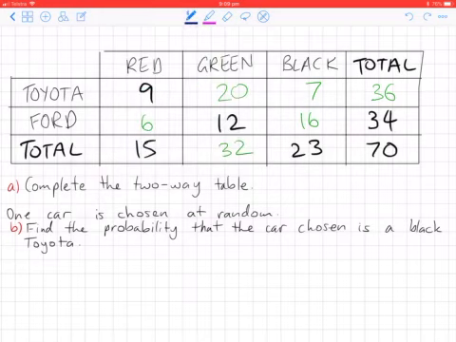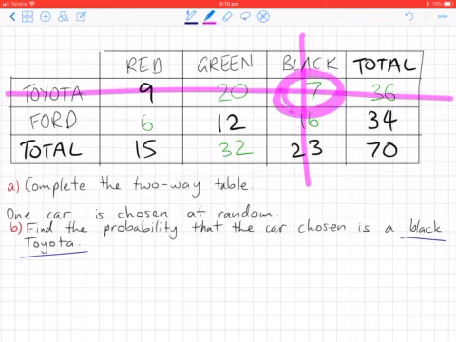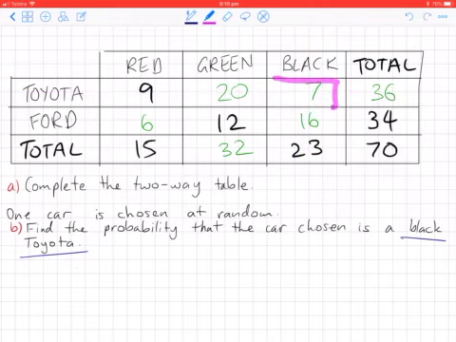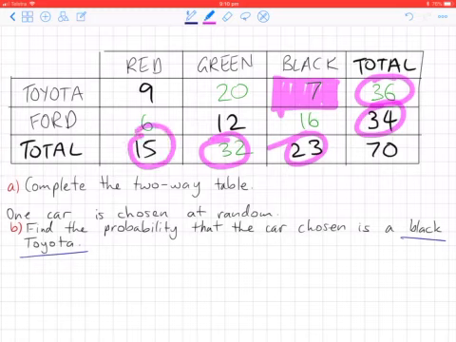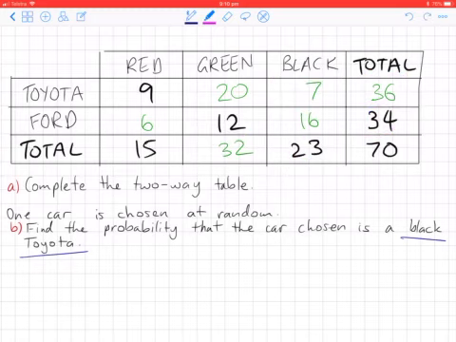Now, if we look here, one car is chosen at random. Find the probability that the car chosen is a black Toyota. So if we look, we want a black Toyota, and you can see that it crosses here with the 7. All right, so basically the answer will be 7, and it looks like we have many totals, but the total number of cars is always the one here in this corner.